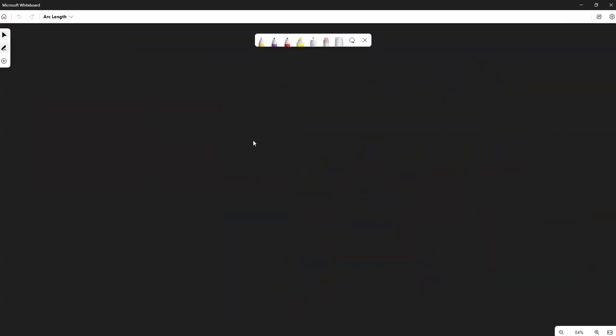Let's try to find the arc length of the following equation. Let's say that we have y equals 3/2 x to the 2/3, and here we're going to look at it from 1 to 8.